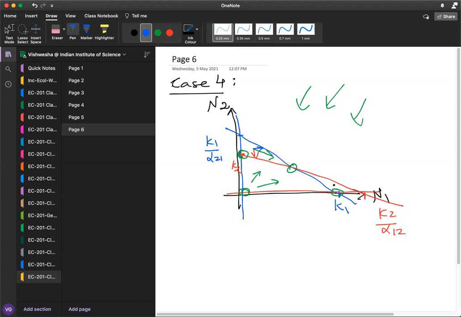I'm above the n1 line, therefore n1 has to reduce. But I'm below the red line, meaning n2 is still increasing. So the net flow will be in this direction. So basically, this is the stable equilibrium and all the other three are unstable equilibria.